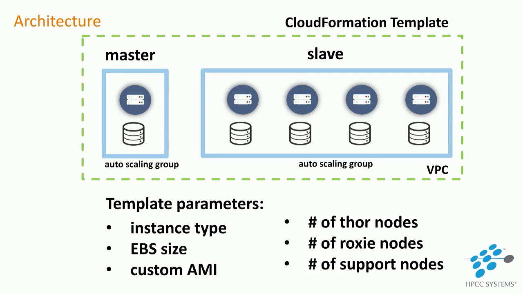The last thing I want to talk about is the custom AMI. So an AMI is an Amazon machine image. And what that is, when you boot the node, that's what gets loaded into the system, and it contains the operating system and all the programs that you want.